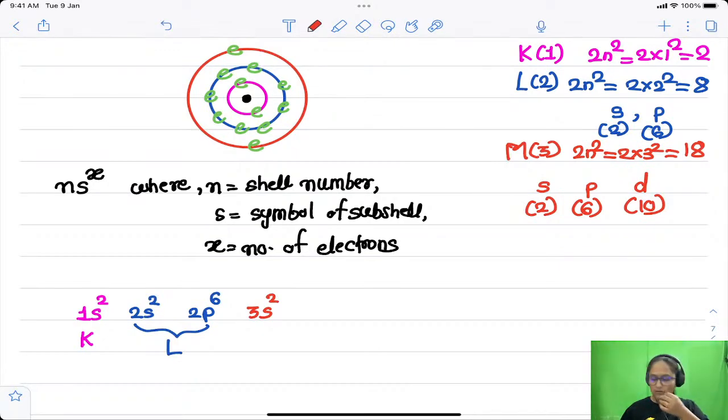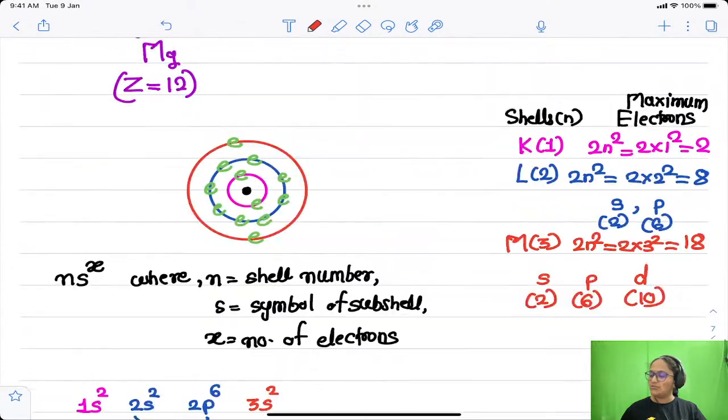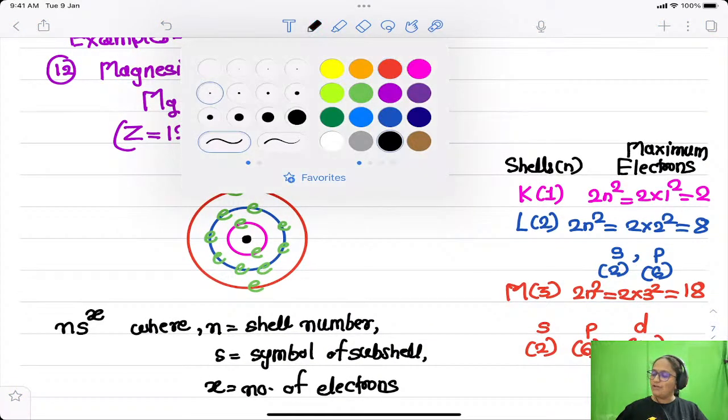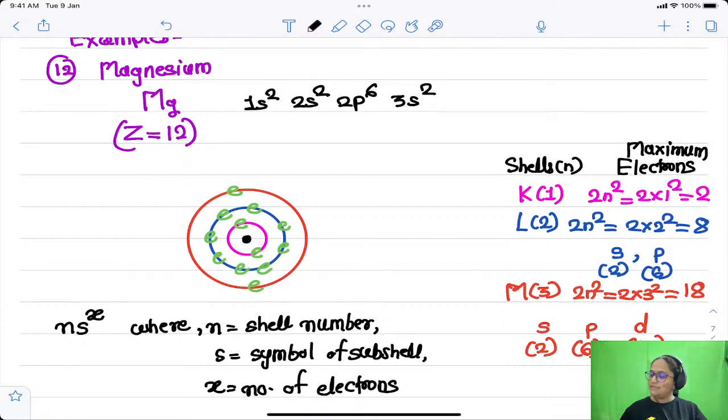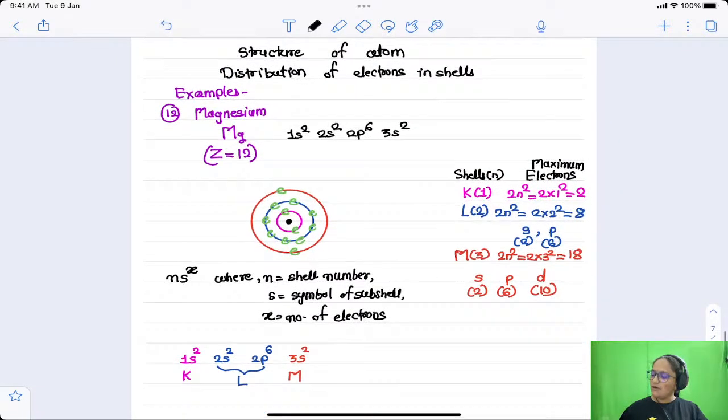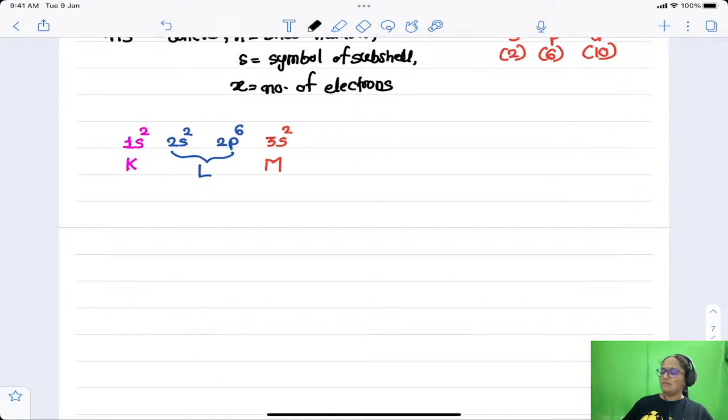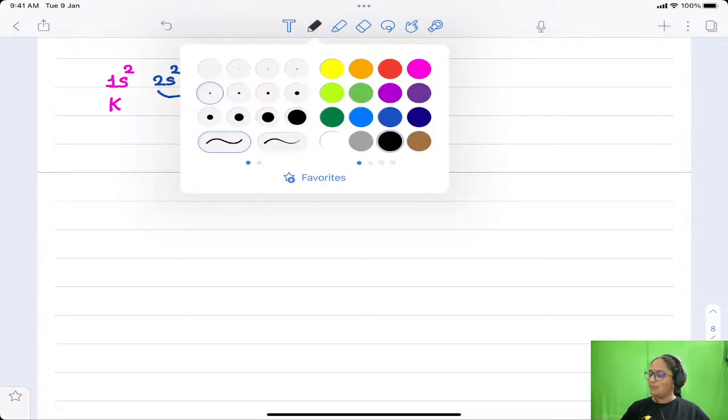So this is for the M shell. 1s2, 2s2, 2p6, 3s2 is the electronic configuration of magnesium. Do you understand? Now after magnesium, let us see the next example, the 13th element.